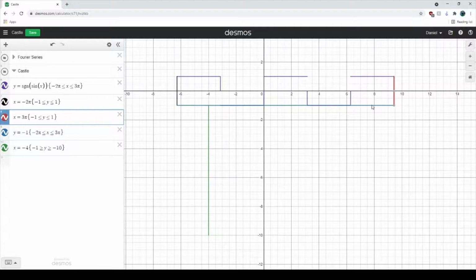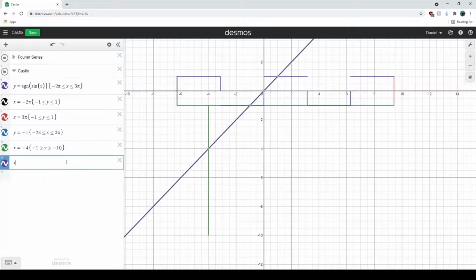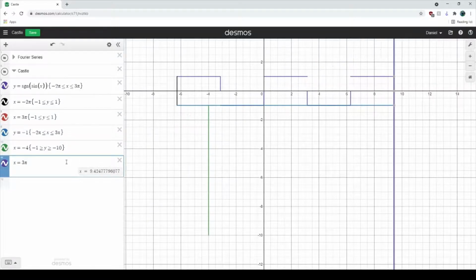And we know this end is 3 pi, so let's start with 3 pi. If you don't want to simplify your expression, you are allowed to type expressions in here, and Desmos will figure out what the value is for you.